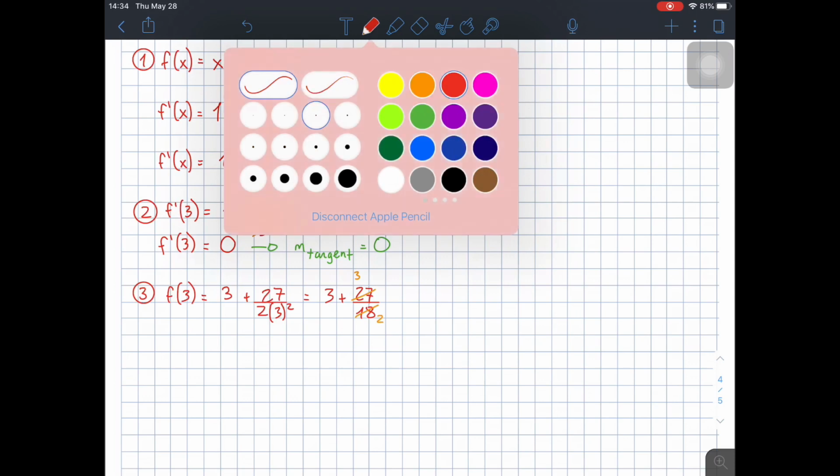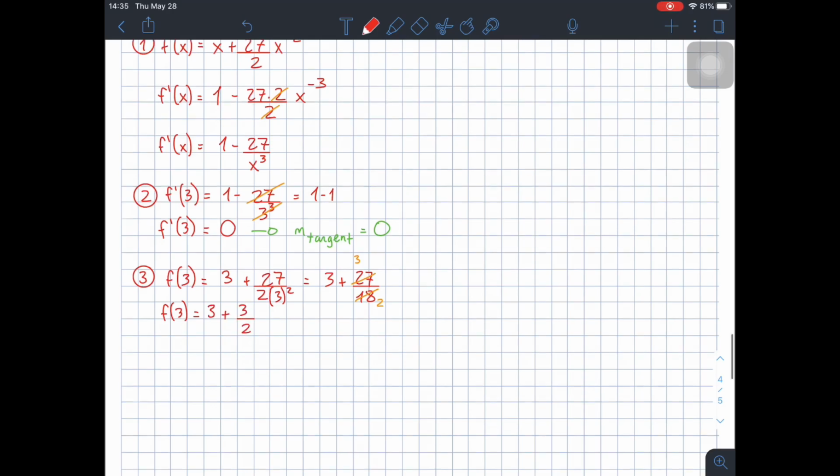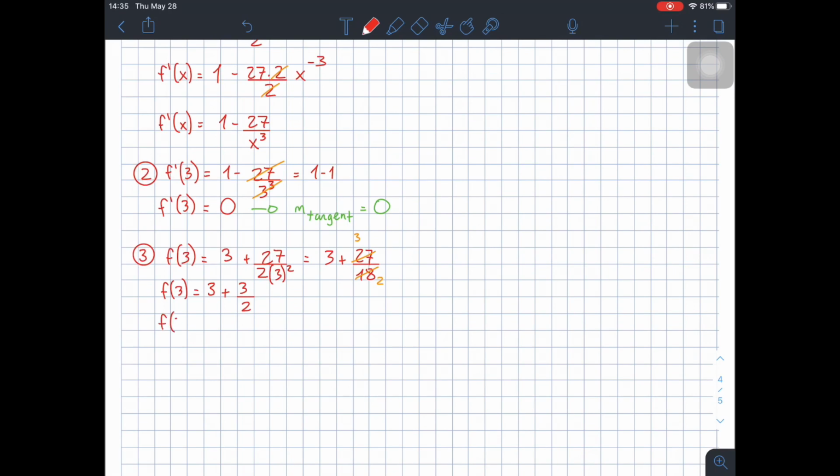So f of 3 is equal to 3 plus 3 halves. 3 halves is like saying 1.5. So f of 3 is equal to 9 over 2 or 4.5. Both results are fine.